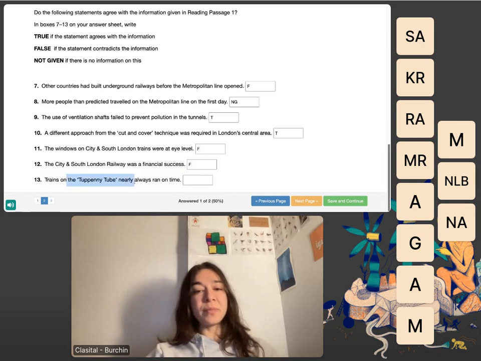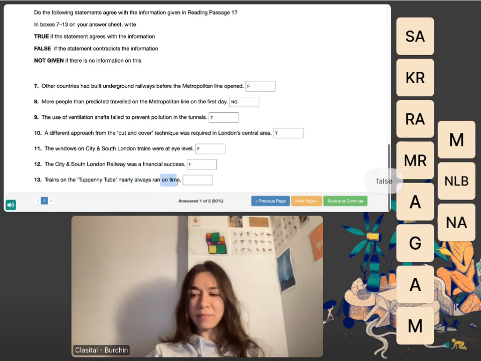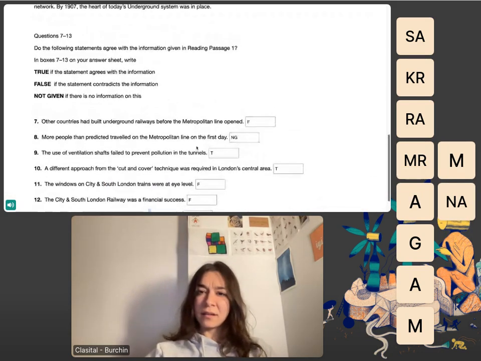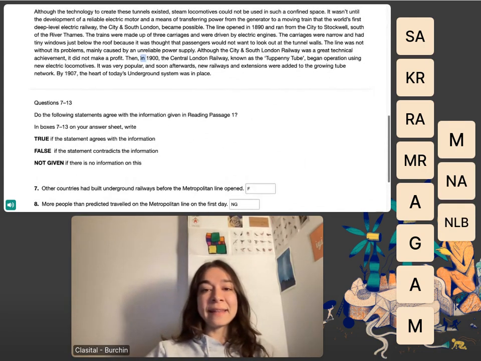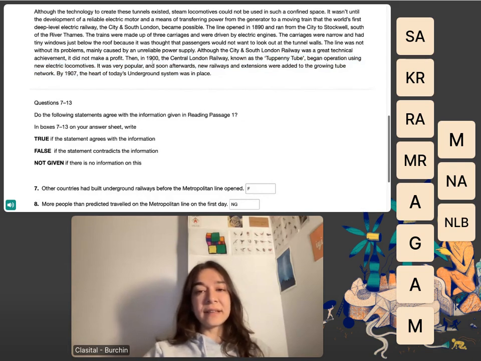Trains on the Tuppenny Tube nearly always run on time. Very interesting word choice. Then in 1900, the Central London Railway, known as the Twopenny Tube, began operation using new electric locomotives.